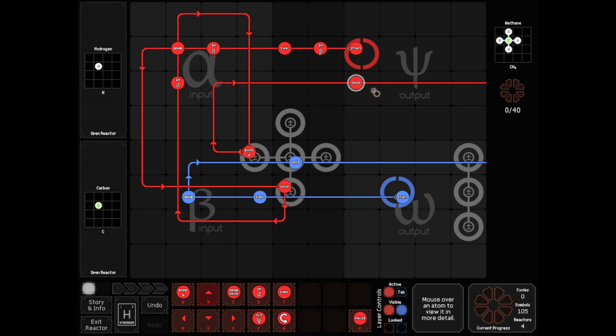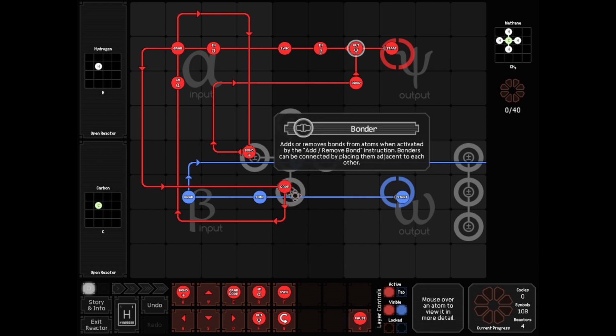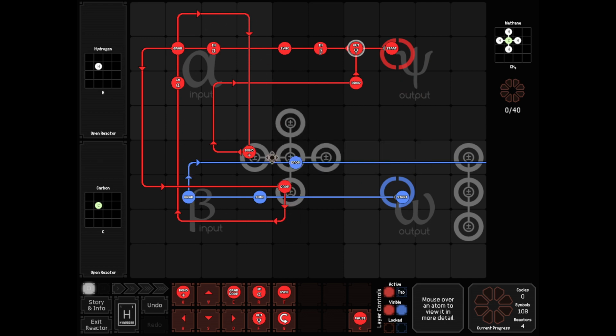Drop. Doesn't really matter. Output. Let me go in. So with red doing this, that should give us the methane, provided... Yeah, it'll be output here, but that's fine. Provided that blue is already dropped to here before we get into that.